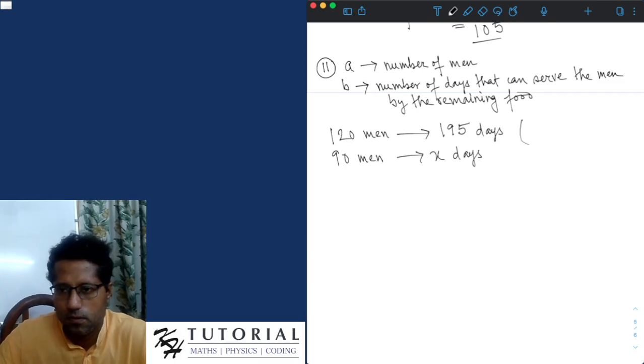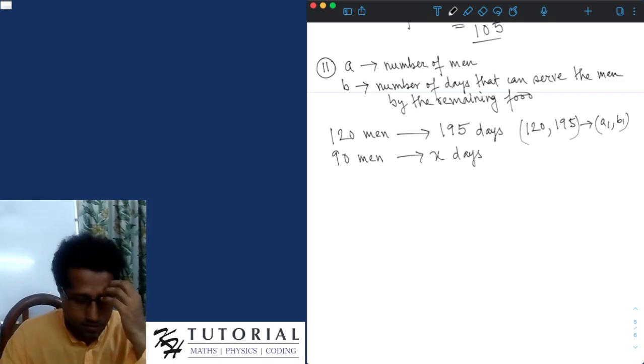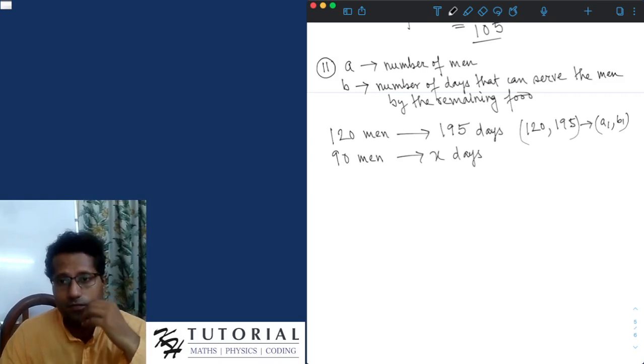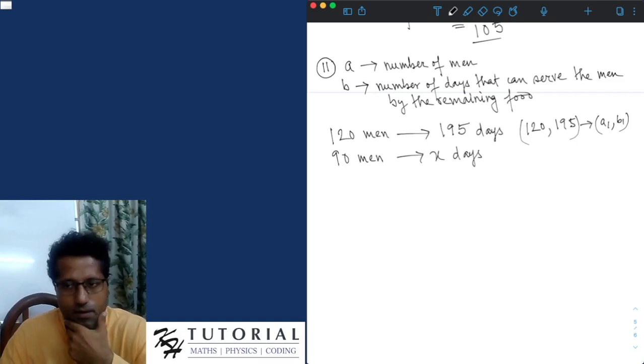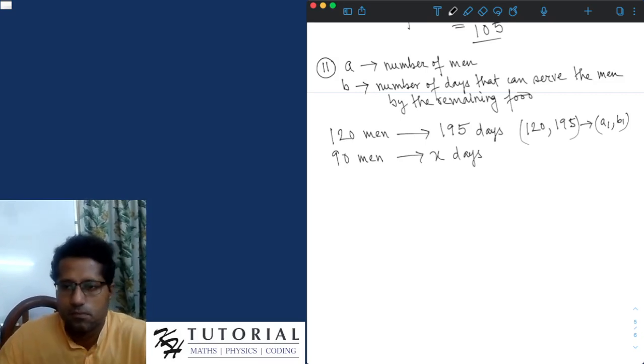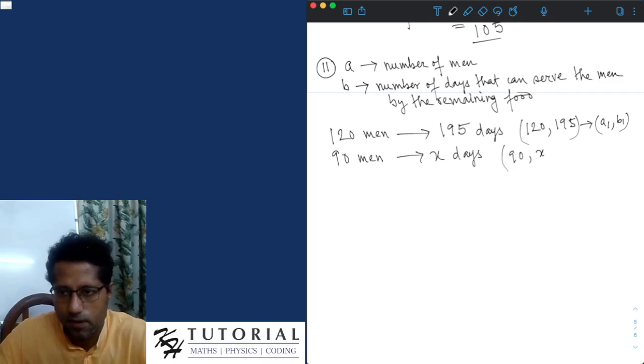So 120 comma 195 corresponds to the data A1 comma B1. Remember that A is the number of men and B is the number of days that can serve the men by the remaining food. So this is 90 comma X, corresponding to A2, B2.